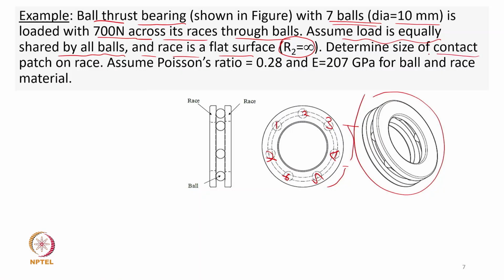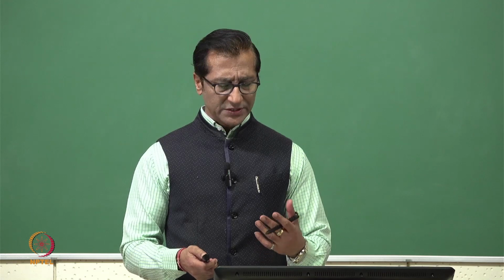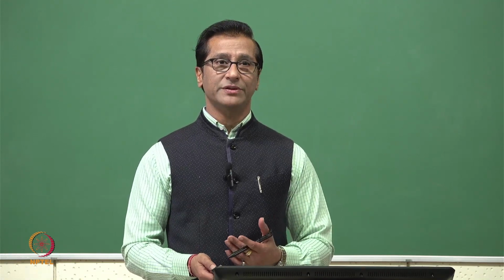Now what we want is to determine the size of the contact patch on the race. Here the Poisson ratio has been given, 0.2728. Young's modulus is also given, 207 gigapascal, which is also kind of established. This expression has been given only for comparison purposes, or for understanding what we have done in the previous case.